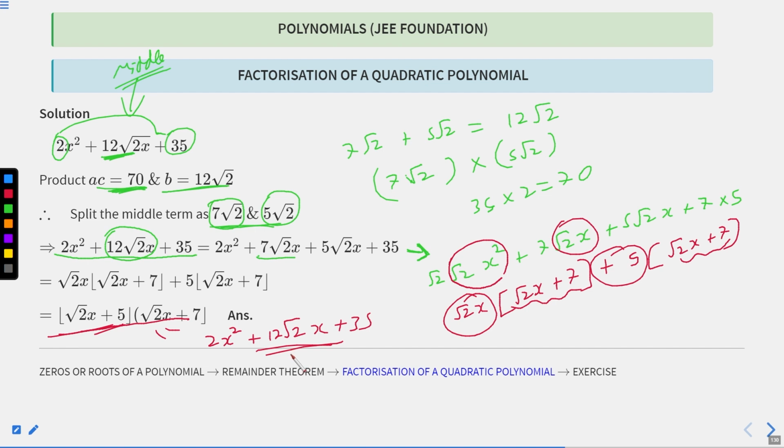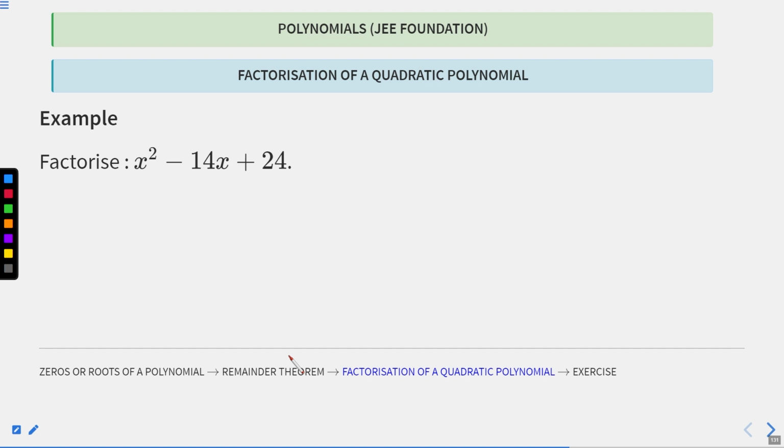Now let's do one more example to polish this concept. First of all, see the product of these two, which is 24.